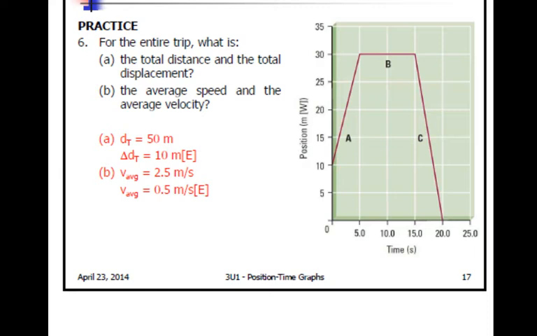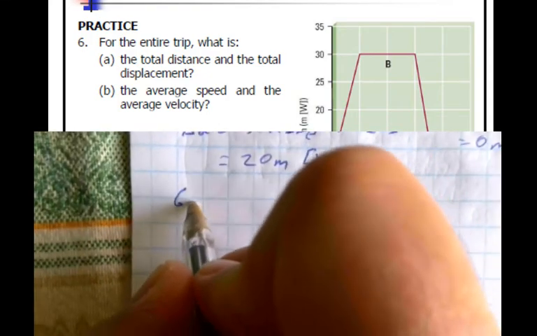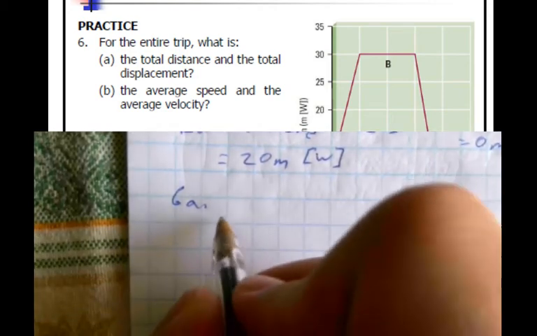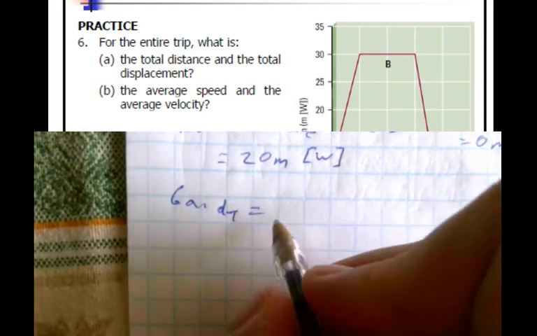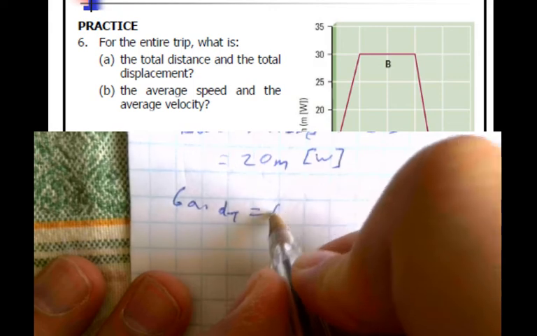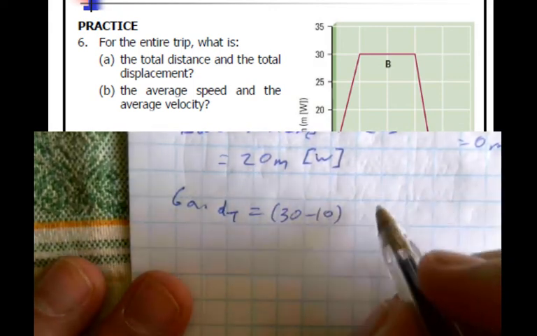So here, to find the total, let's look at how this changes over time. For our total distance, for line segment A, we travel 30 minus 10.